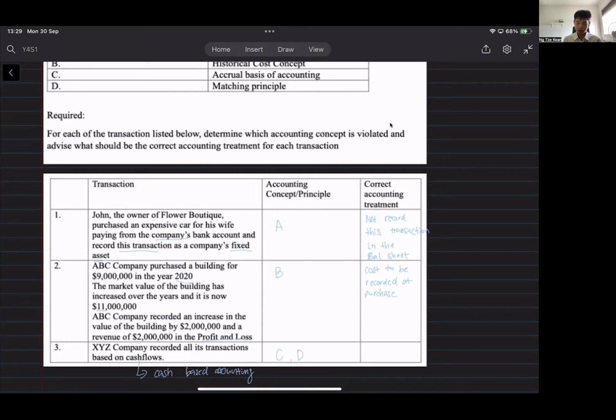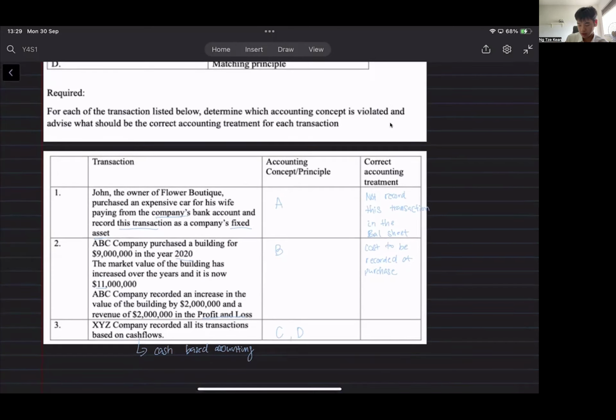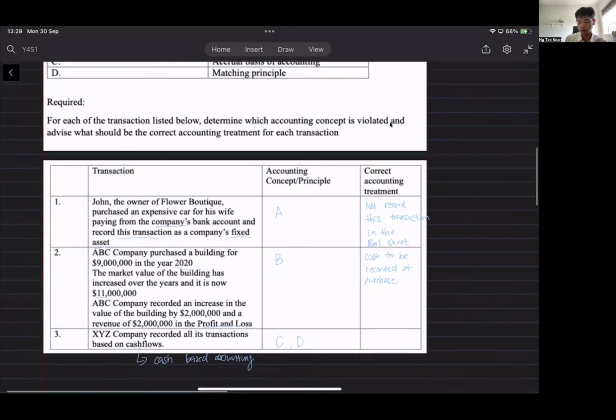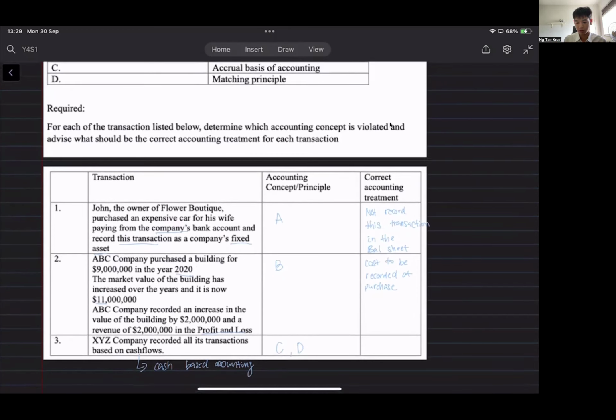Which is why the matching principle is violated. The correct accounting treatment would be just to record based on the accrual basis, right? That will allow you to accurately match your revenue to your costs.